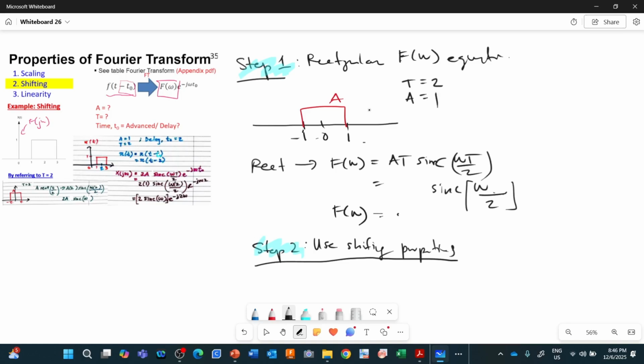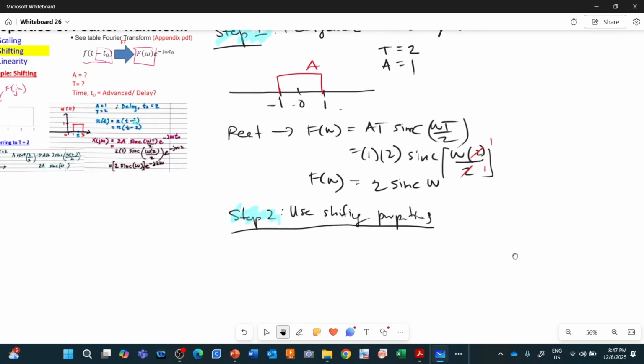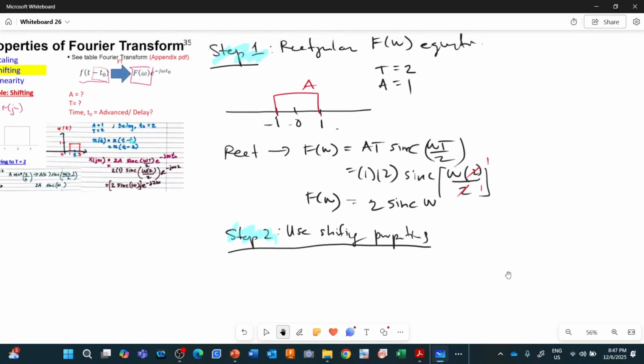Substitute it: A equal to 1, T equal to 2, so A T sinc of omega T over 2. Then you get 2 sinc omega. This one becomes 1.